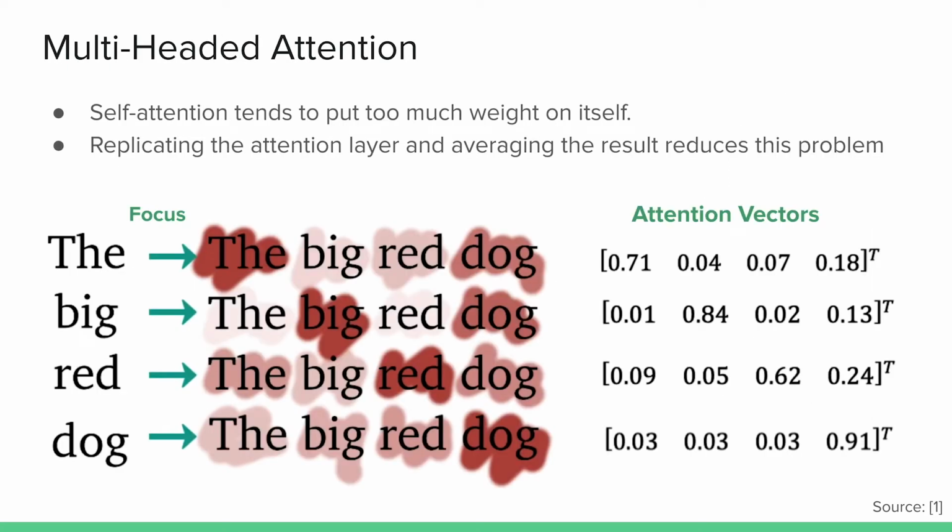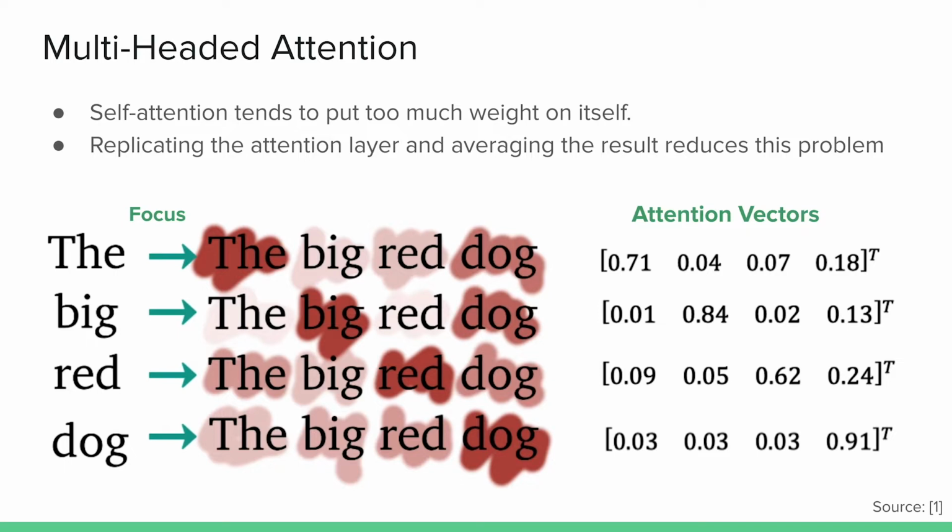And one more thing for this attention block here is that, unfortunately, if we use this self-attention, the network pays a lot of attention to itself, to the words, like the word the. And, well, I mean, it's obvious that the word is related to itself, but it's not really useful.